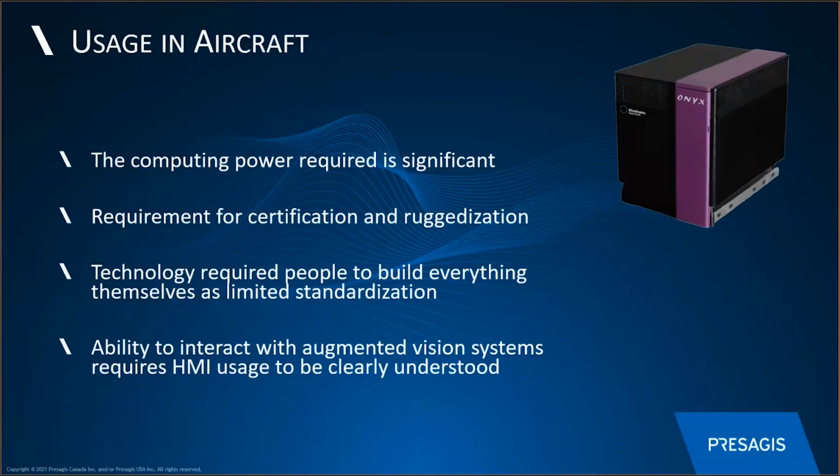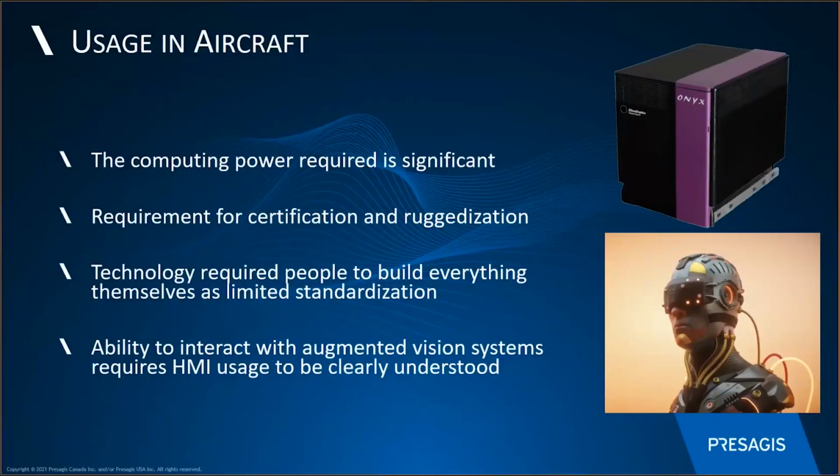The other downfall of these workstation systems is they're meant to sit on a desk or in a server room. If you whack it too hard, cards are going to fall out of place. It's not ruggedized. It's not really meant to go into an aircraft. And so these are a big limitation when it comes to trying to use all these things that the commercial world has been using to build HMI solutions.